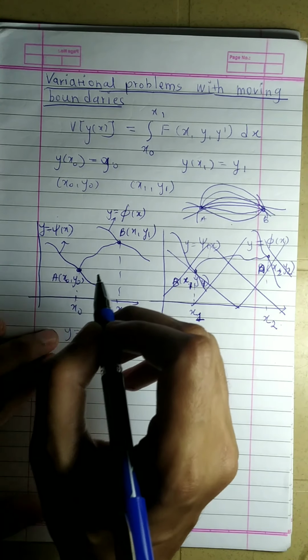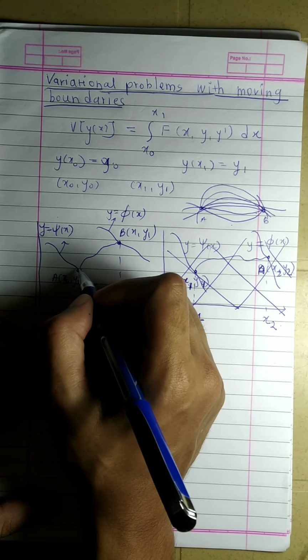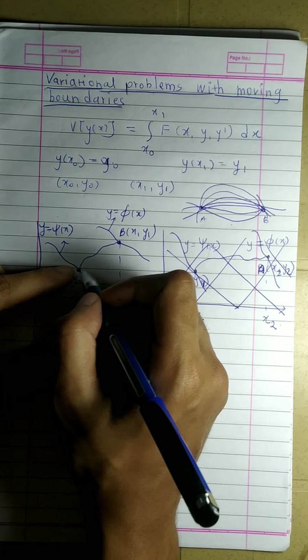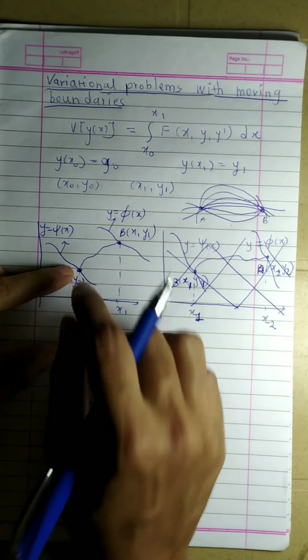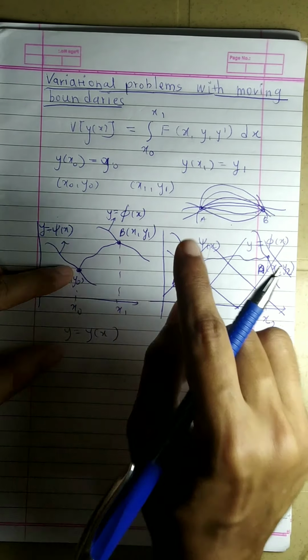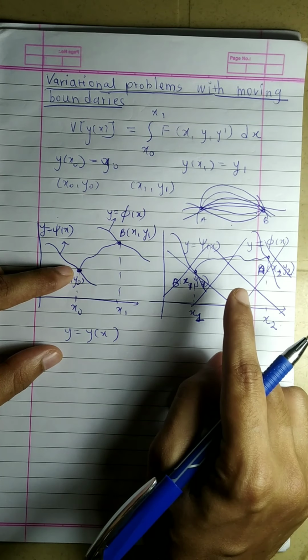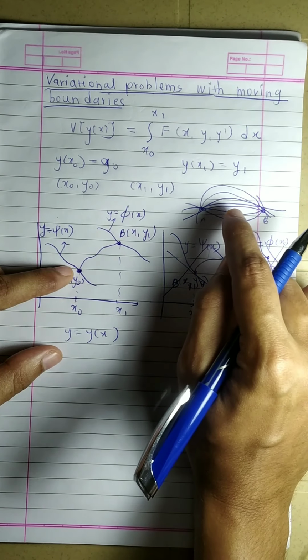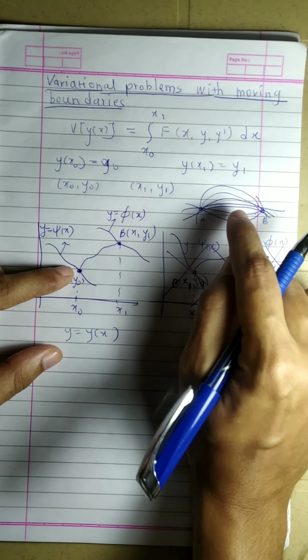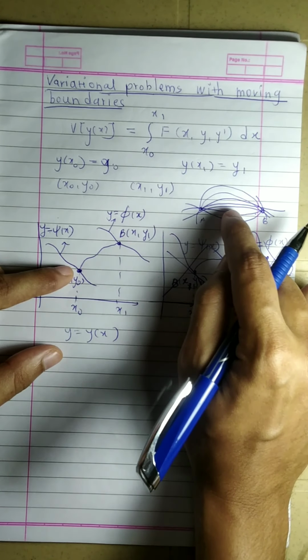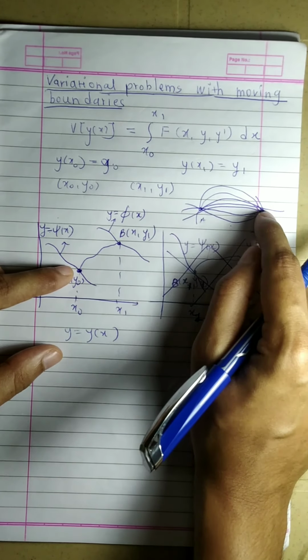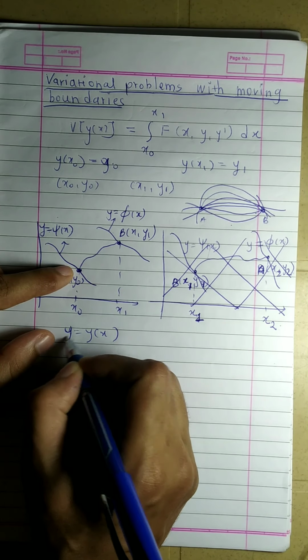So if at all the extremum is attained in case of a moving boundary problem, then the extremal will be attained on the class of curves with the fixed boundary points, meaning whatever is that extremal.